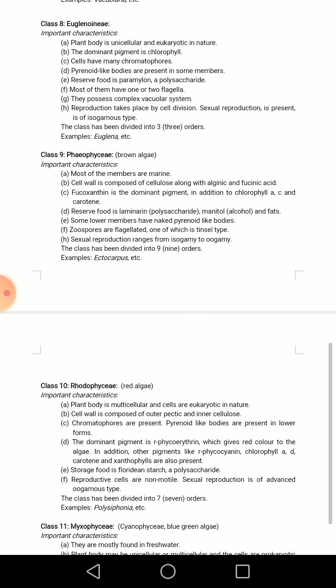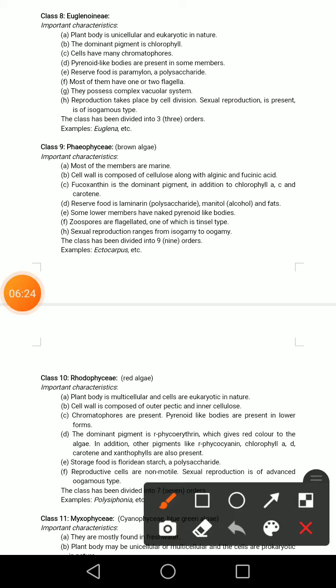Eighth class is Euglenophyceae or Euglenineae. Important characteristics of this class: plant body is unicellular and eukaryotic in nature. The dominant pigment is chlorophyll. Cells have many chromatophores. Pyrenoid-like bodies are present in some members.